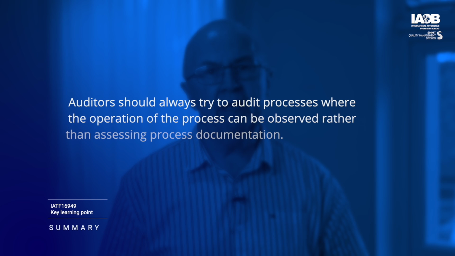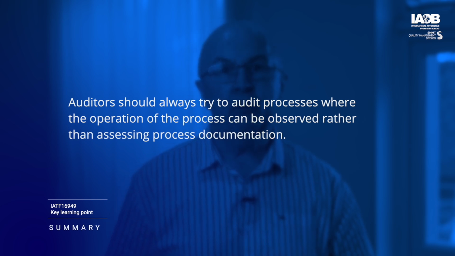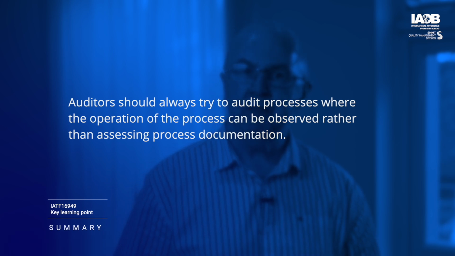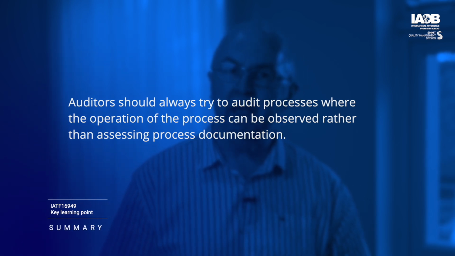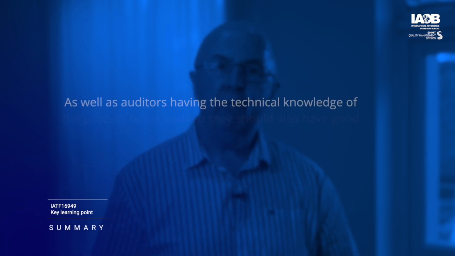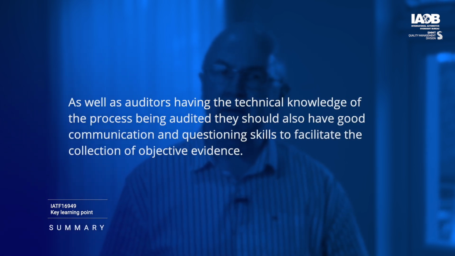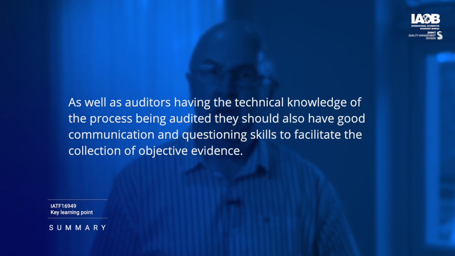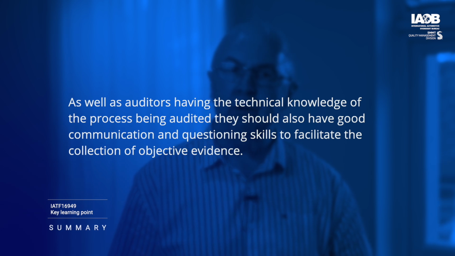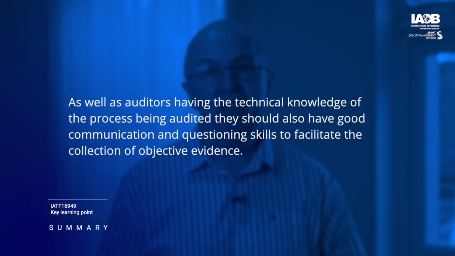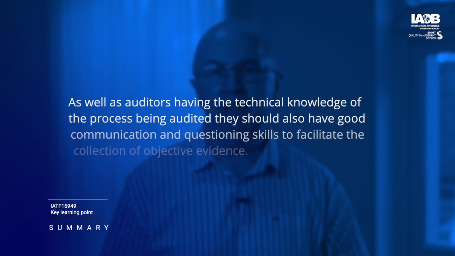Auditors should always try to audit processes where the operation of the process can be observed, rather than just looking at process documentation. And finally, as well as having adequate technical knowledge of the process being audited, auditors should also have good communication and questioning skills to facilitate the collection of objective evidence.